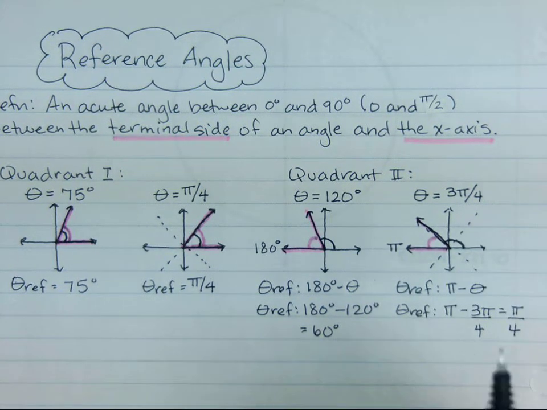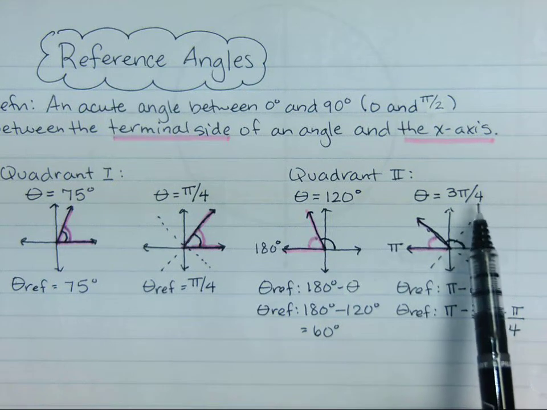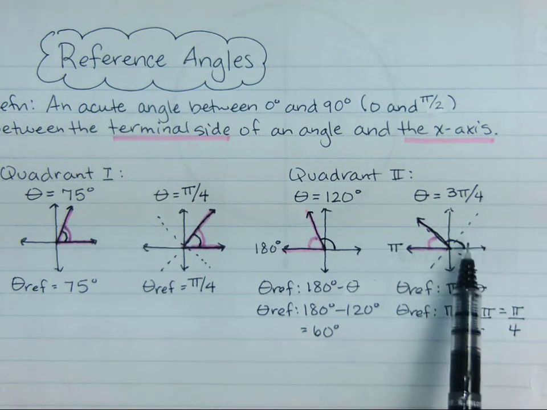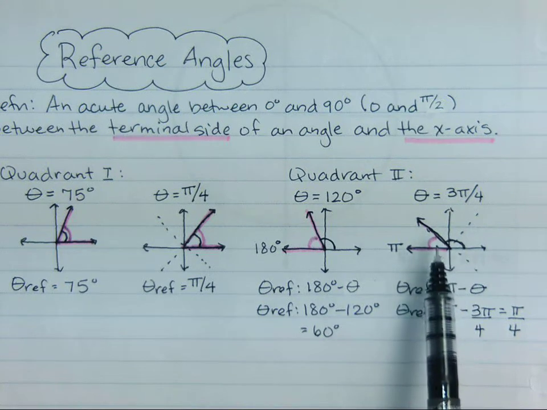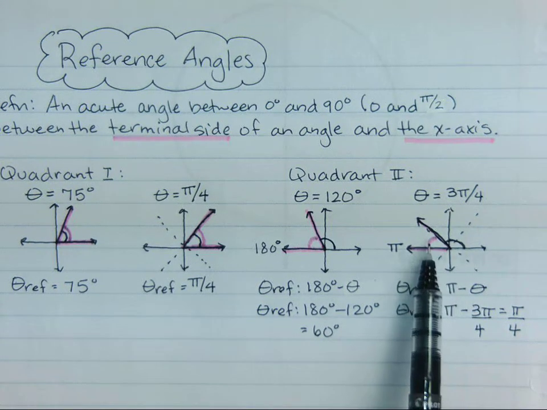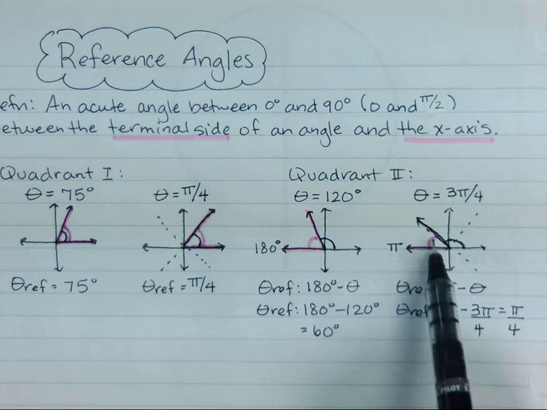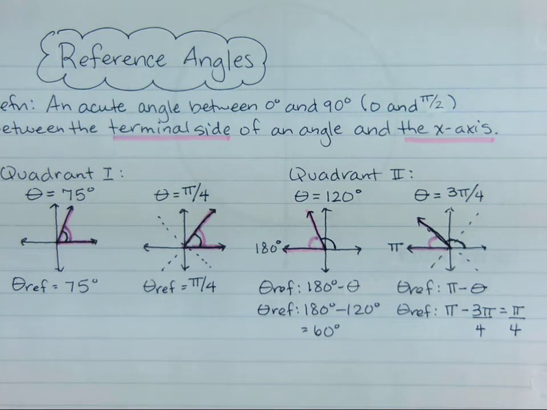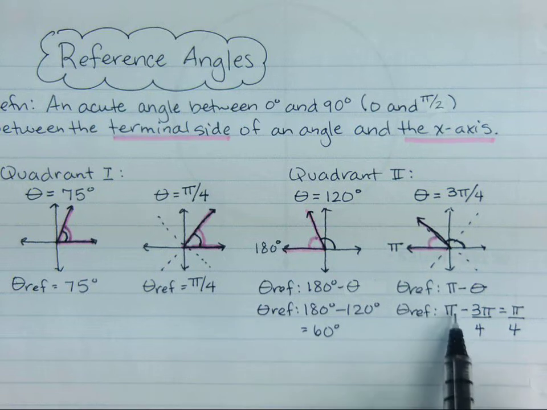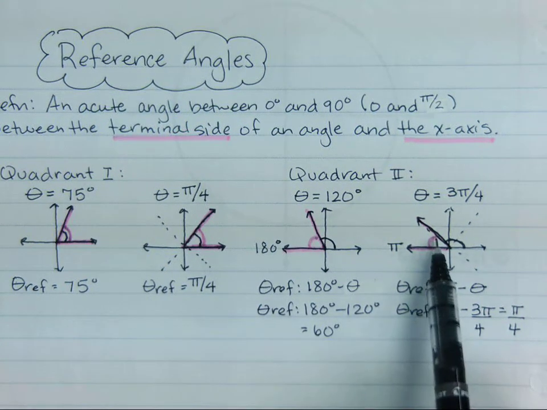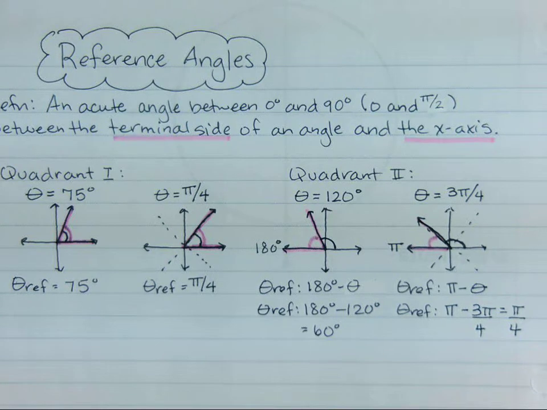So again, if I have one of these special angles with a denominator of 3, 4, or 6, I can easily see when I'm cutting these up into segments that I'm going to have one of those pi over 4 segments left to get to the x-axis. So I can use my little guide, and I can think about getting common denominators and subtracting fractions, or I can just look at the increment that's left.